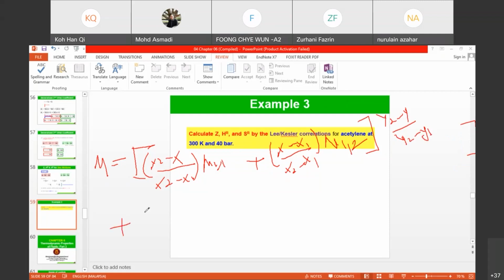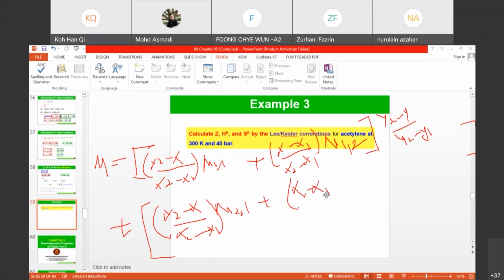Okay, plus x2 minus x divided by x2 minus x1 times m21 plus x minus x1 divided by x2 minus x1 times m22, multiplied by y minus y1 divided by y2 minus y1. Okay. So this is how you do the interpolation.